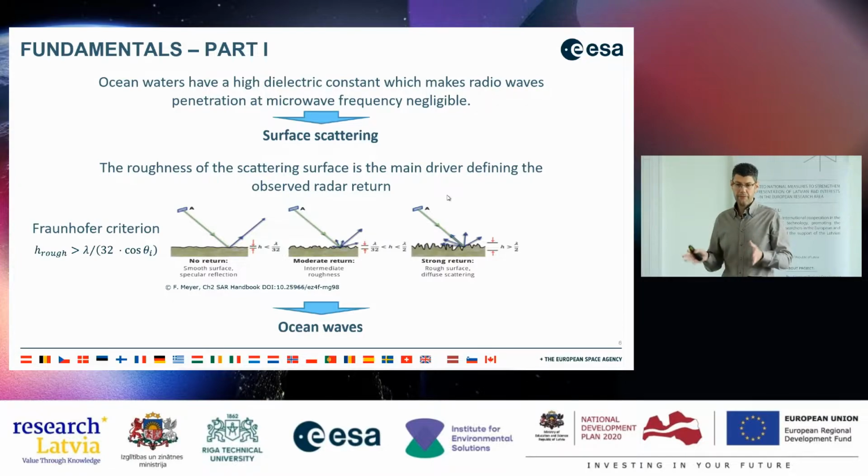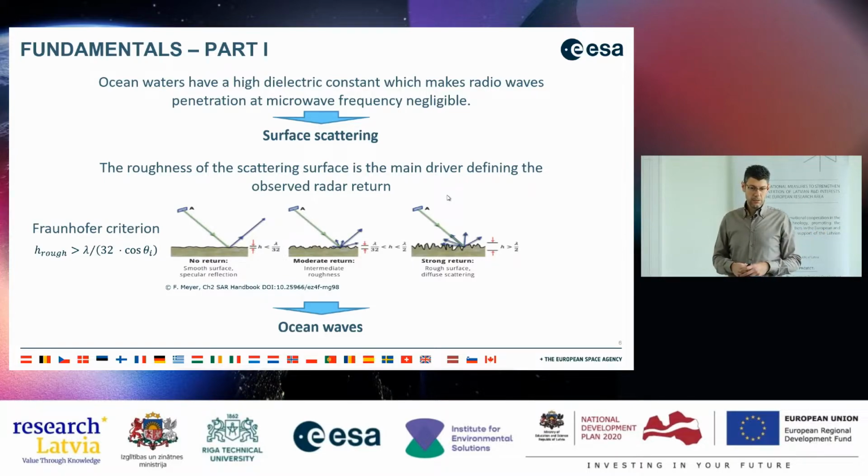To give some background before we start on the technical part, I first want to talk about how you can monitor the ocean with SAR. As ocean waters have a high dielectric constant, the radio wave penetration is basically negligible. So SAR cannot see under the water. You only have so-called surface scattering.